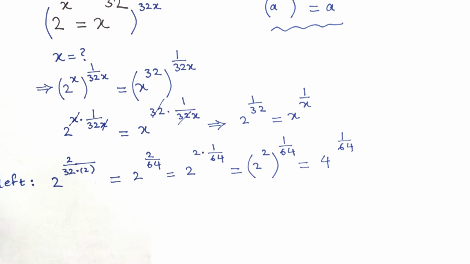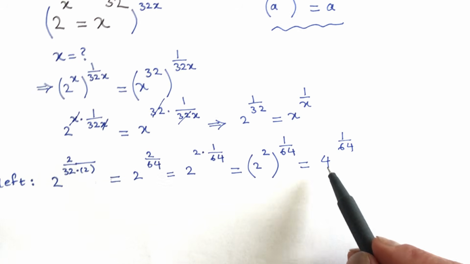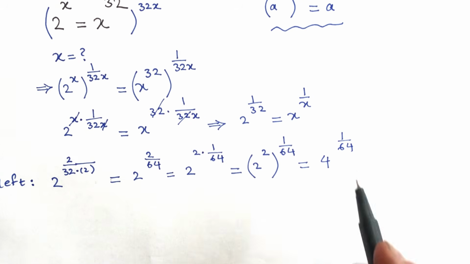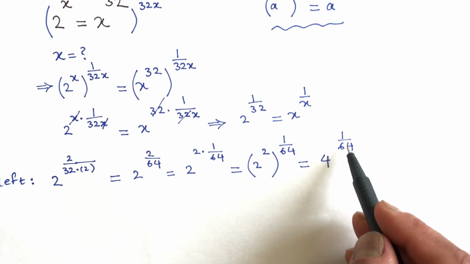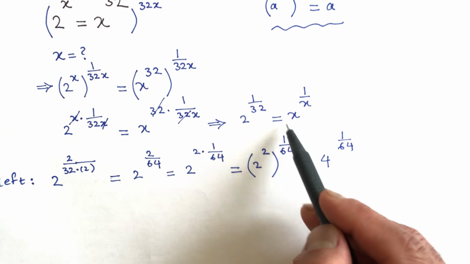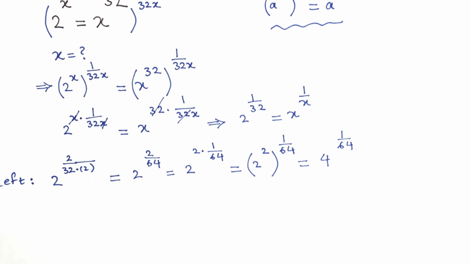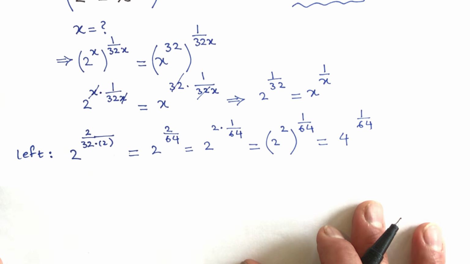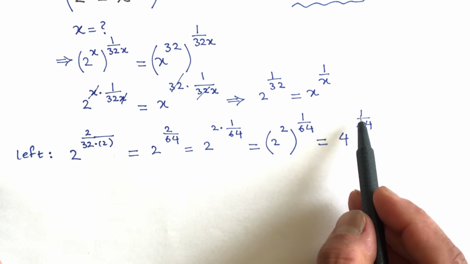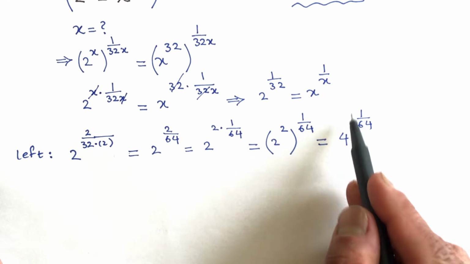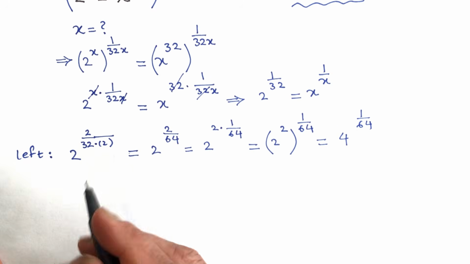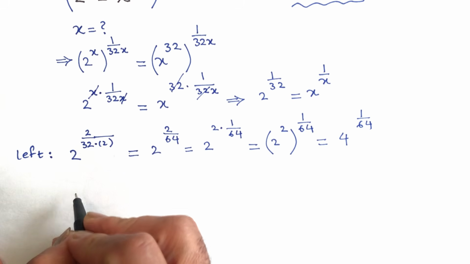Okay, it still needs more work because this number is not exactly like this number, as we want it to be like on the right side. So we go further with the same procedure. I can again multiply the power by 2.